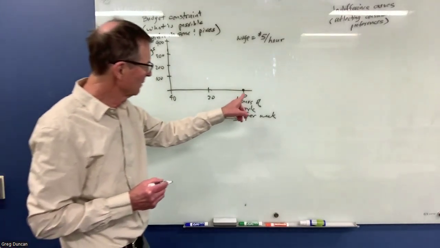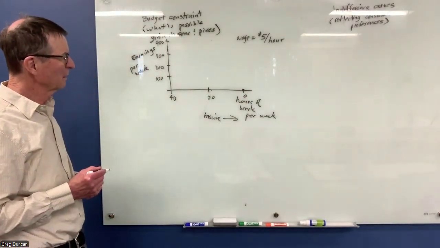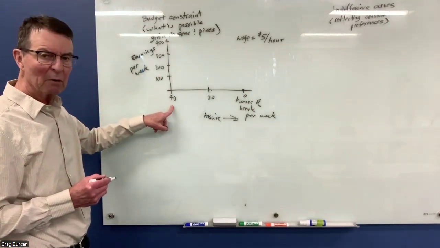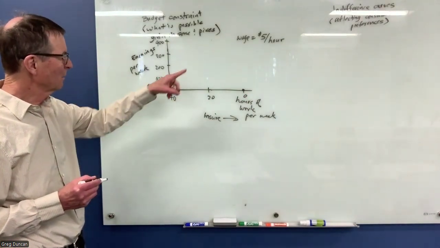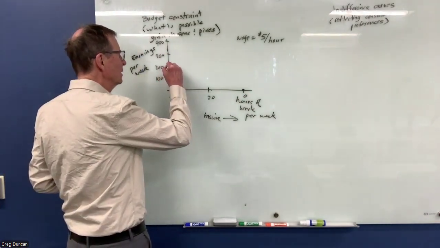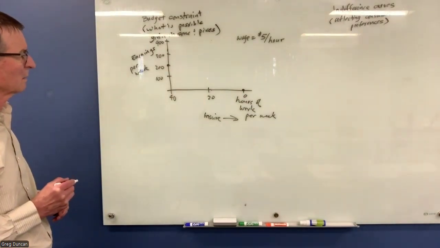So that is a point on the budget constraint. If we work 40 hours a week at $5 an hour, we're going to be here at $200 per week.